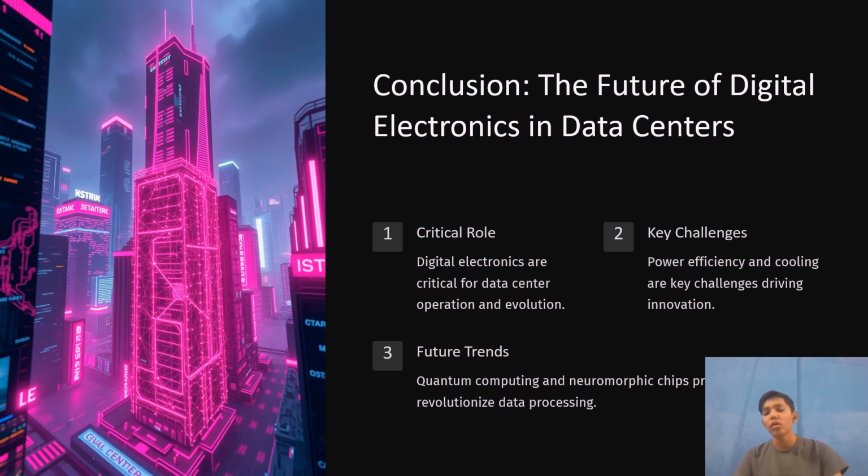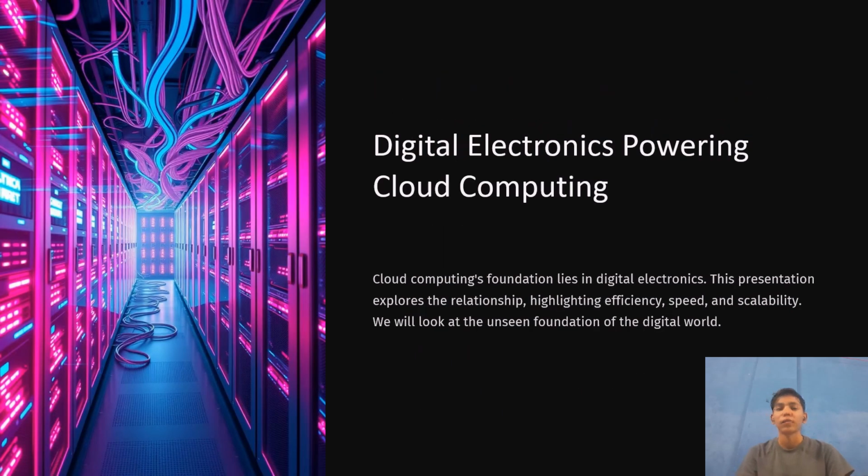And future trends: quantum computing and neuromorphic chips will revolutionize data processing. As we have seen, they are the future trends and will perform very well. Digital electronics is very critical for data centers. This is all about digital electronics in data centers.